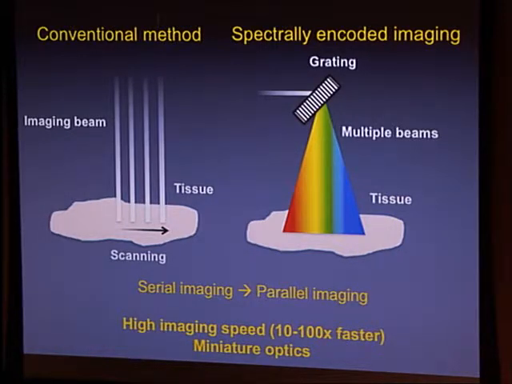And there are quite many things that we can do with that high imaging speed. Another thing is that since we are not using any sort of active mechanical scanner to collect light from the line area of the tissue, we can easily miniaturize the microscopic optics and use it for endoscopic imaging or other clinical applications.